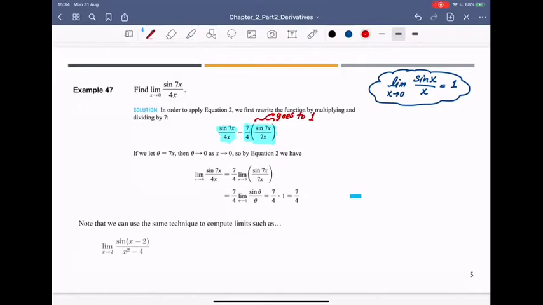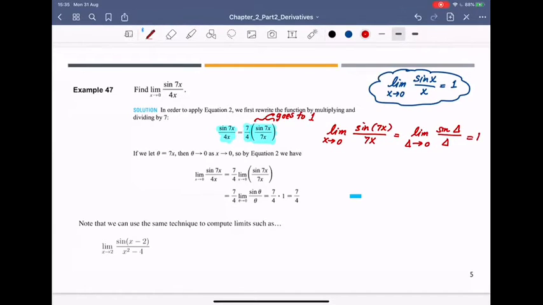Because if I consider the limit of sine 7x over 7x where x goes to 0, if x goes to 0, 7x goes to 0 as well, and that means I have the limit of sine of something over that thing going to 0. It matches the form I have, so this is also 1.